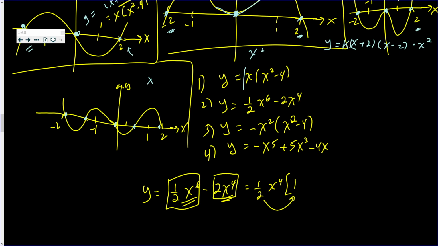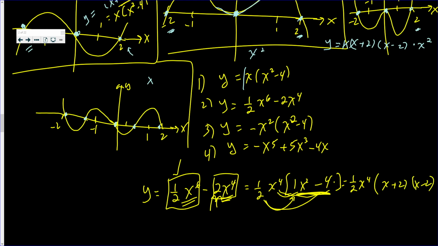X to the 4th times x squared gives me x to the 6th. Minus half of 4 gives me the 2. And then I have the x to the 4th here. If you want, you can multiply by 1, but I wouldn't. Okay. So this is 1/2 x to the 4th times this. Well, we just factored that.